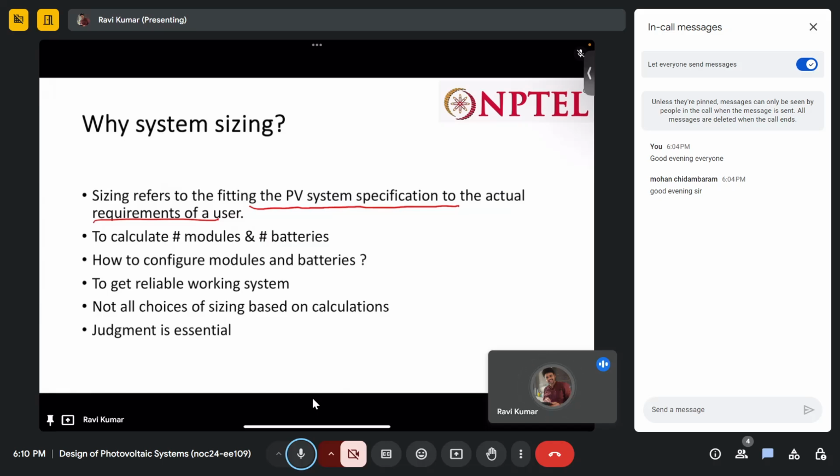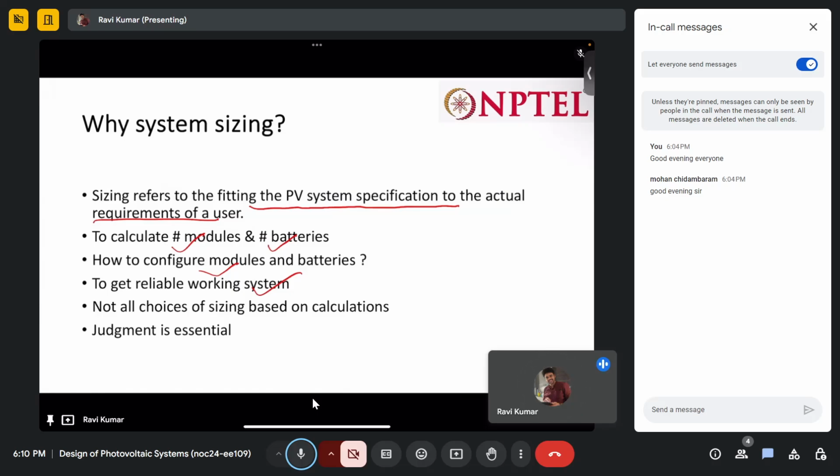In this case, we calculate the number of modules, the number of batteries, and how to configure modules and batteries. Our objective is to make a reliable working system.